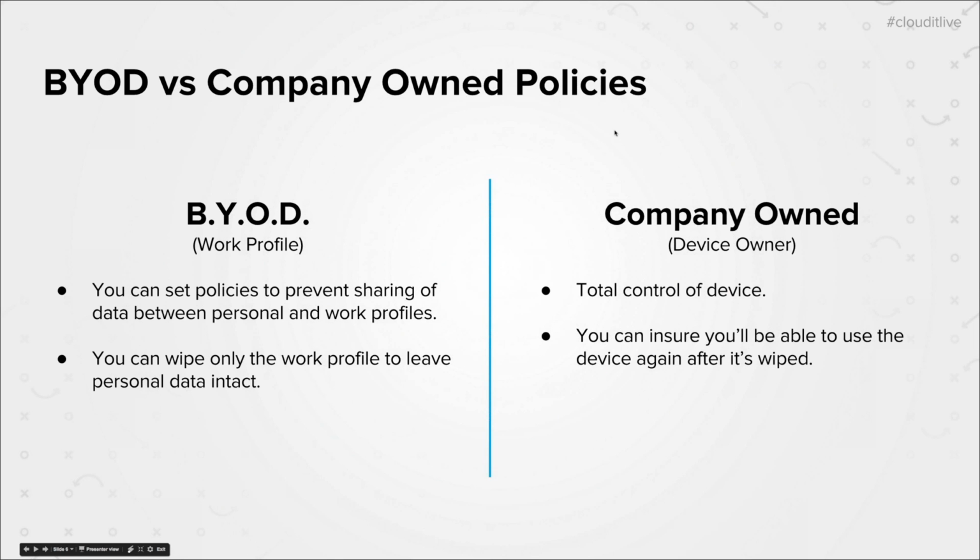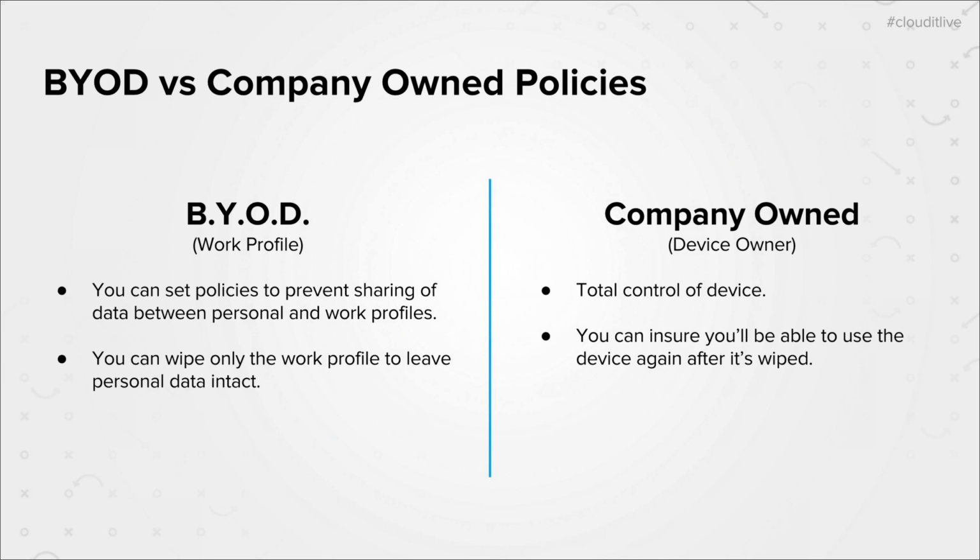And then on this last slide here, we have the BYOD versus company-owned policies. Now, put this together, just so you can get an idea that Android for Work is really good in a BYOD environment and a company-owned environment for Android devices. And then, like I was talking about earlier, you can set policies to prevent sharing of data between the work and personal profiles.